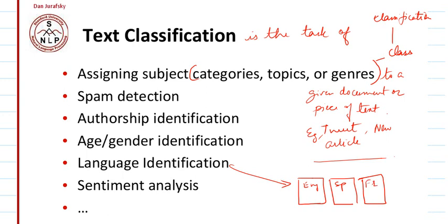These are different languages, but they also share characters among themselves. Spanish has some different characters, but the character sets are shared with each other. That's why this problem becomes difficult. This kind of problem is also text classification.